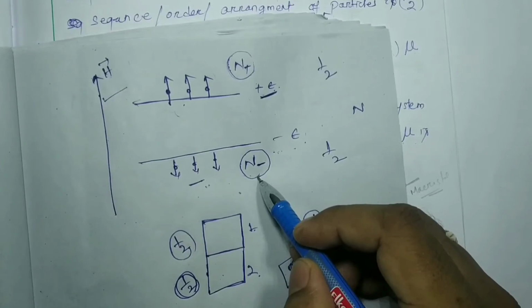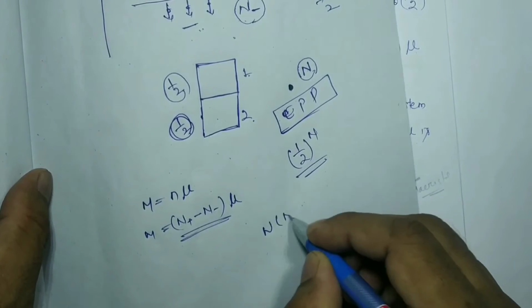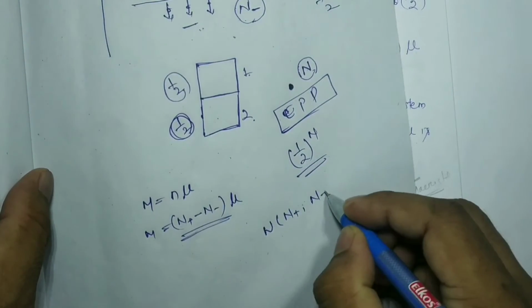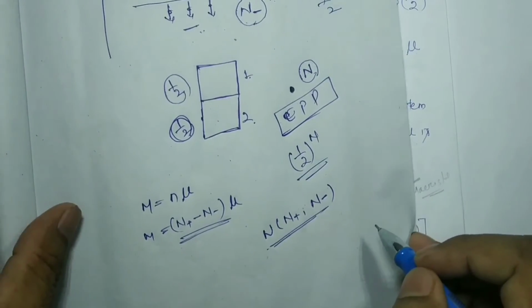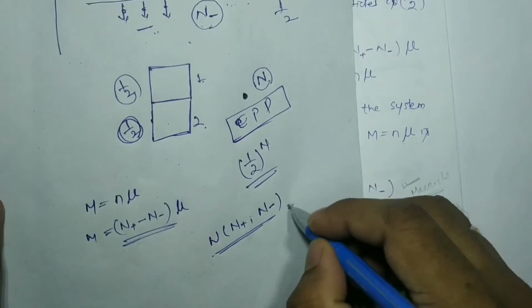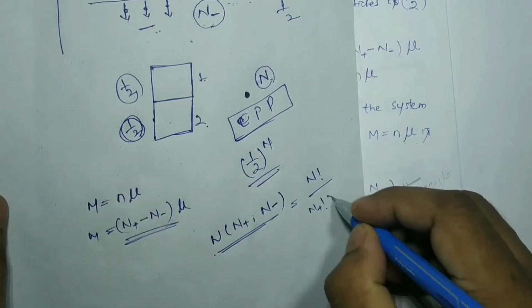So this is your particular macro state, that means W(n plus, n minus). For this particular macro state, what will be the microstates? Microstates will be, we know, N factorial by n plus factorial into n minus factorial.